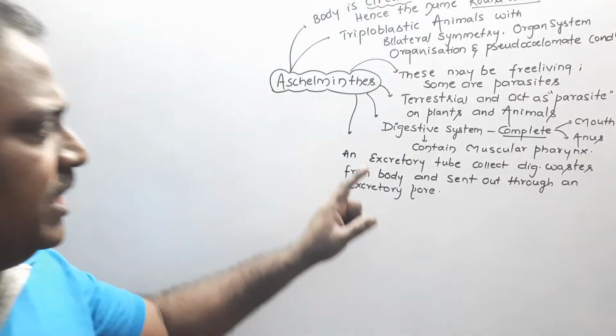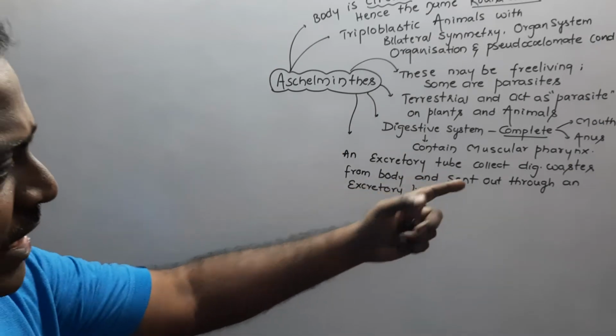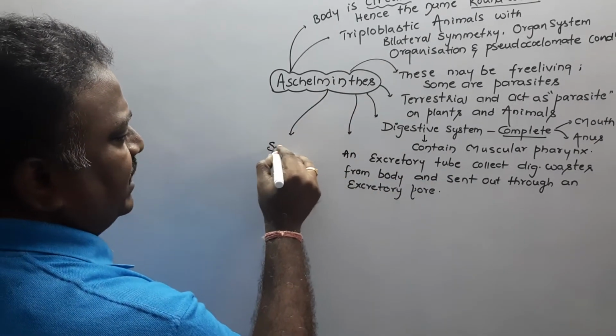It means the body has an excretory tube which collects waste from the body and sends it out through an excretory pore. That's important.